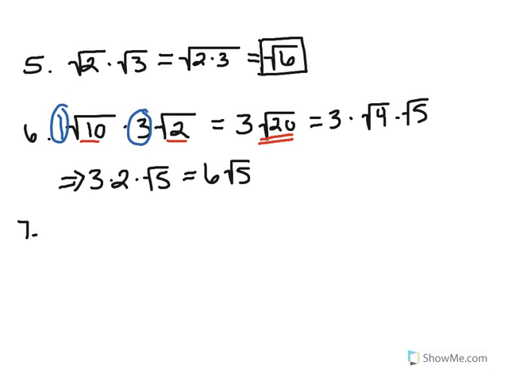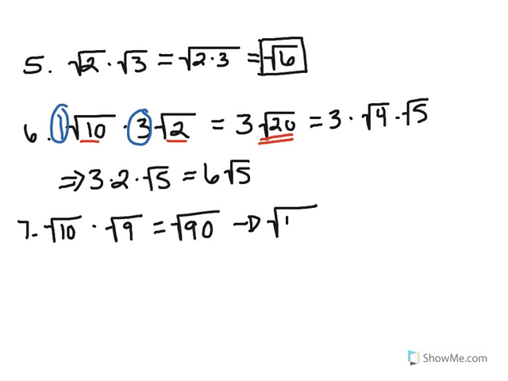So let's do another one. How about the square root of 10 times the square root of 9? That would give me the square root of 90, which then breaks down. I'm trying to think of perfect squares here, and I'm thinking 45 is pretty close.